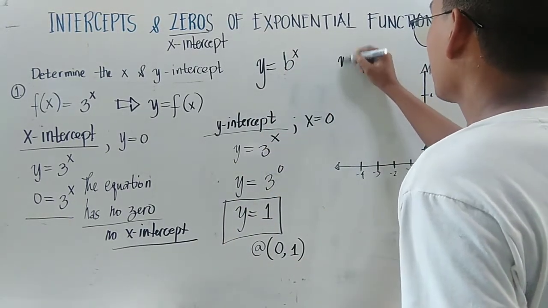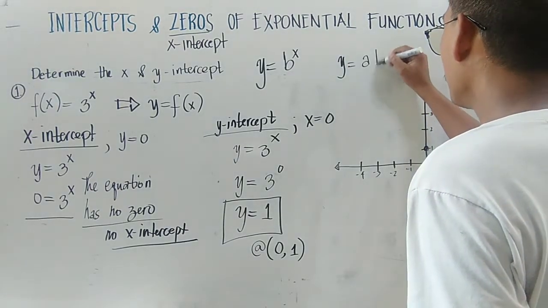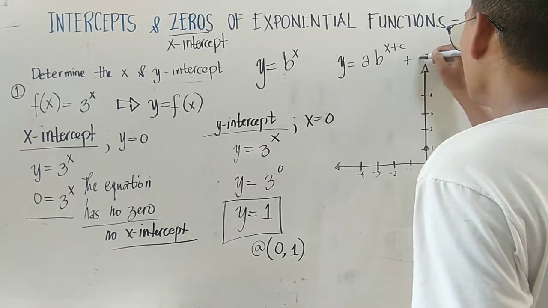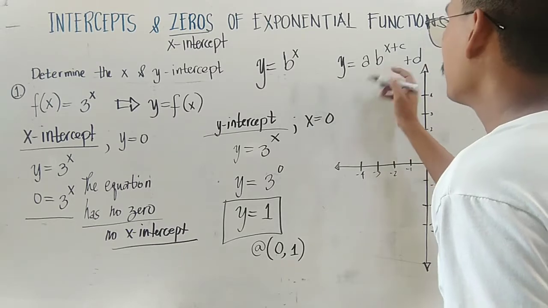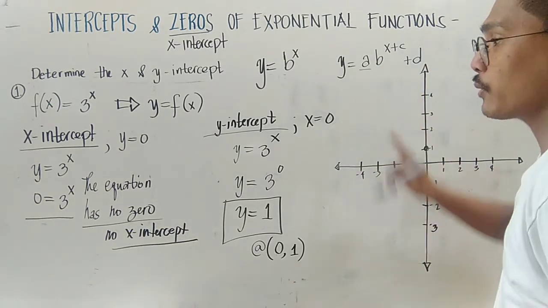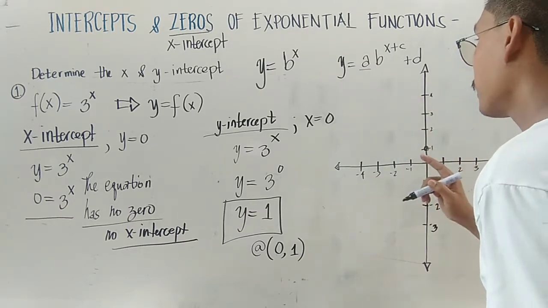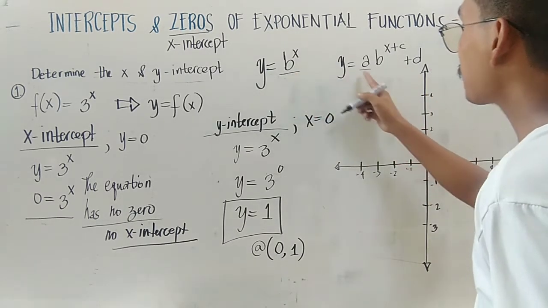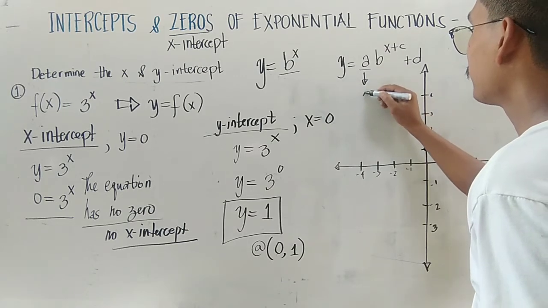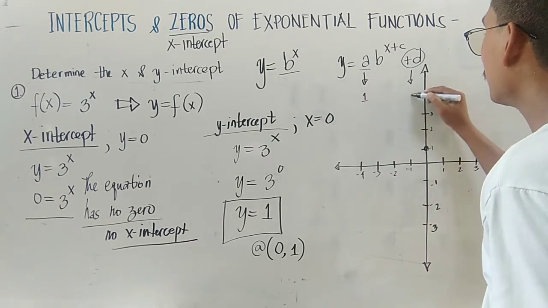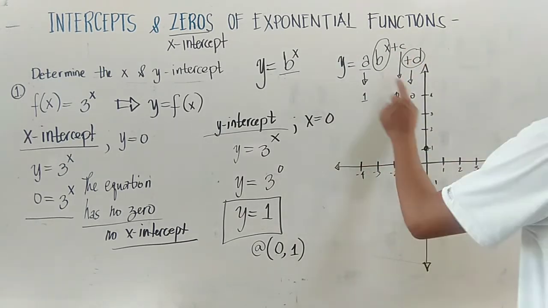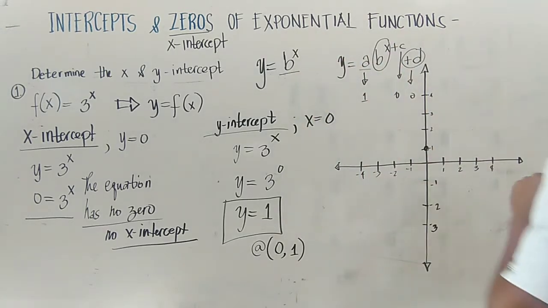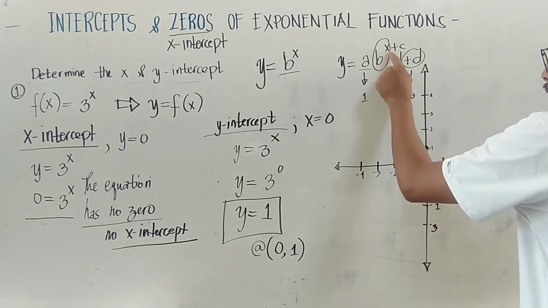In general, the form of your exponential function is a raised to bx plus c, plus d. So a is the initial point, or in the application, the initial population. In this form, your initial point is 1, and d is 0, and c is also 0. That is why what's left is b raised to x.